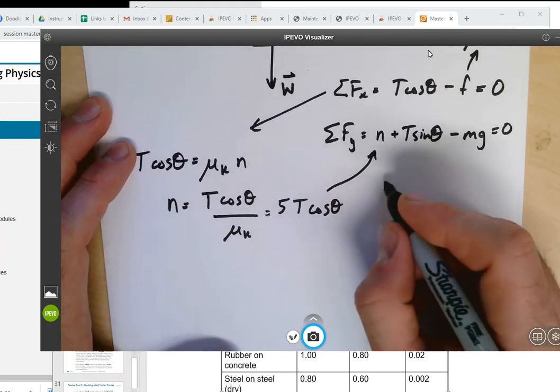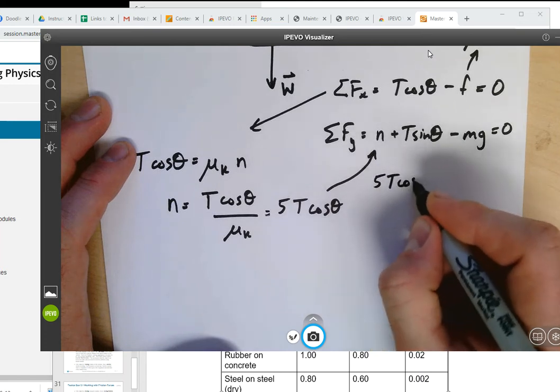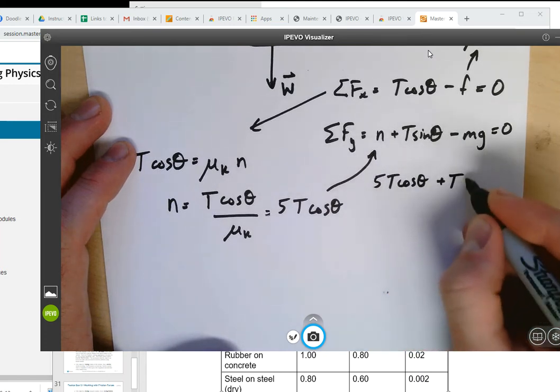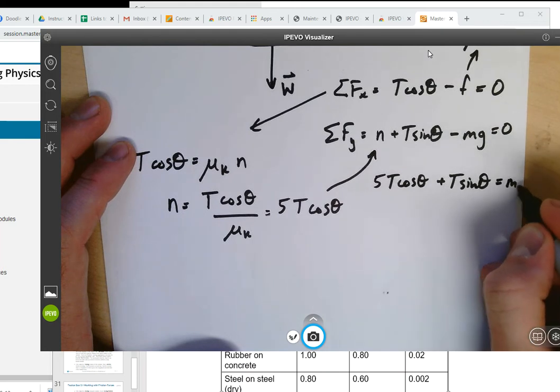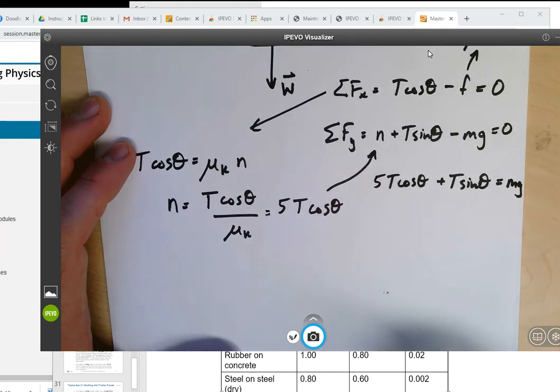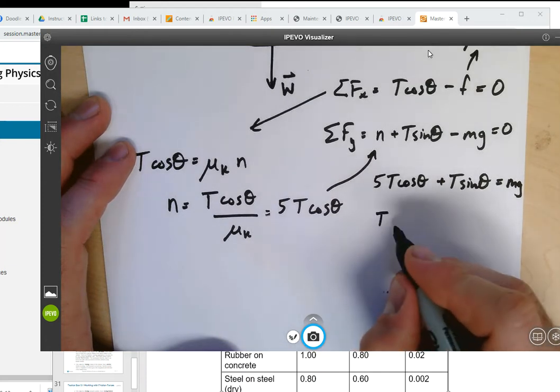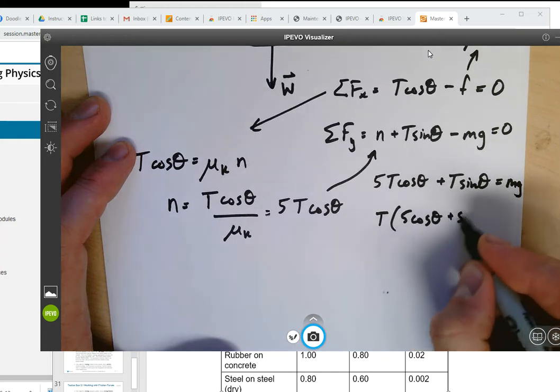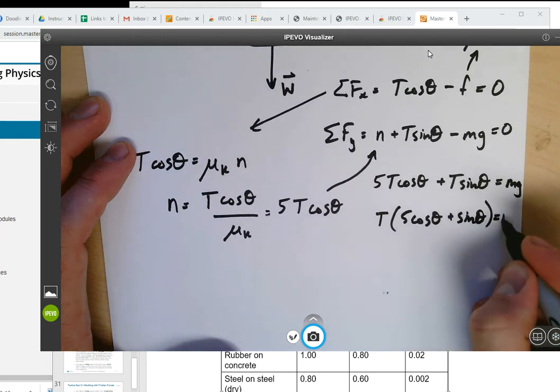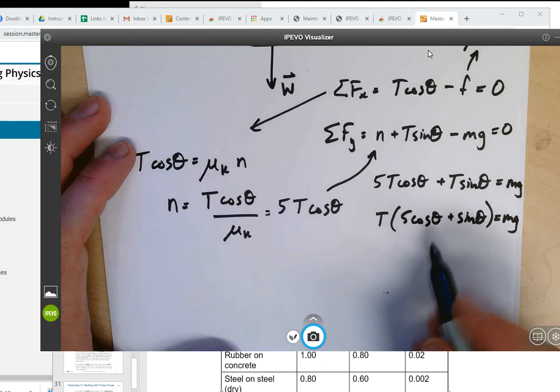So let's try it. We have 5T cosine theta plus T times the sine of theta is equal to mg. In other words, T times (5 cosine theta plus the sine of theta) is equal to mg. Are all those things that we can figure out?